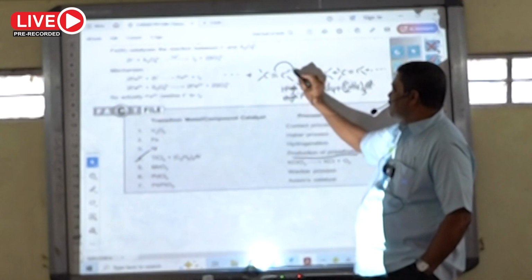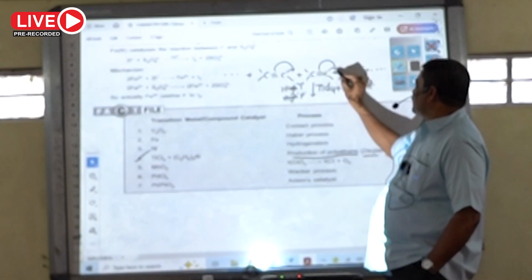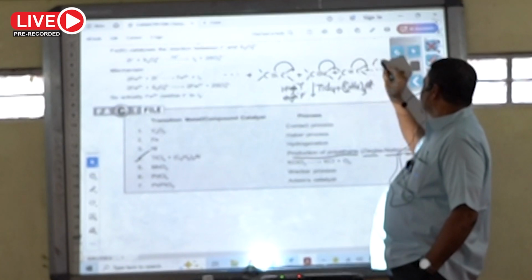The pi bond will shift like this. This pi bond will shift. This pi bond will shift.